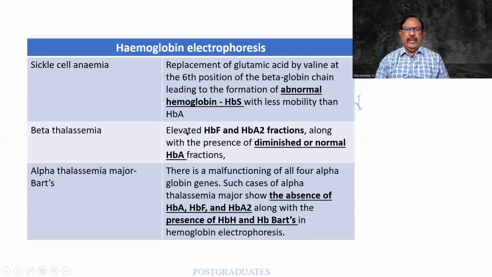It is continuing. This you people know, valine for glutamic acid, hemoglobin S, sickle cell anemia. Beta thalassemia, F and A2 fractions are there. And alpha thalassemia, there will be the absence of A, F, and A2. And when everything is absent, there can be the presence of hemoglobin H or Barts.